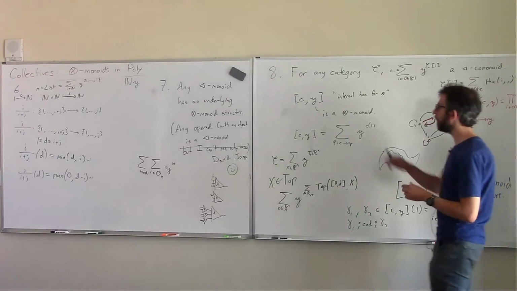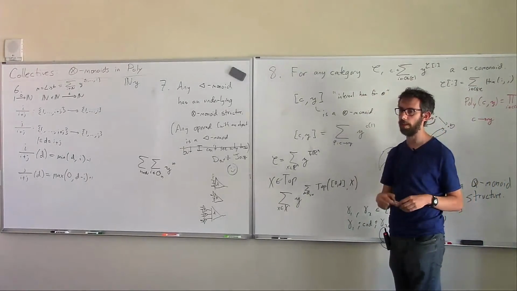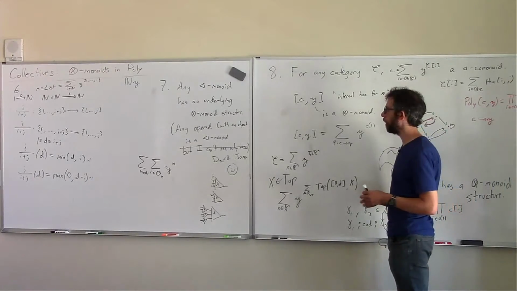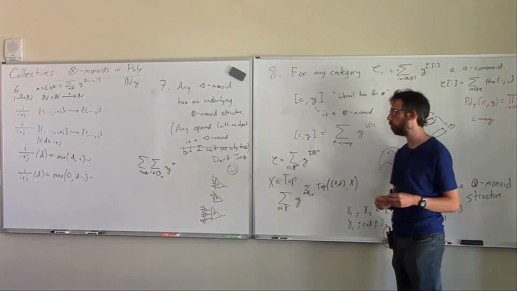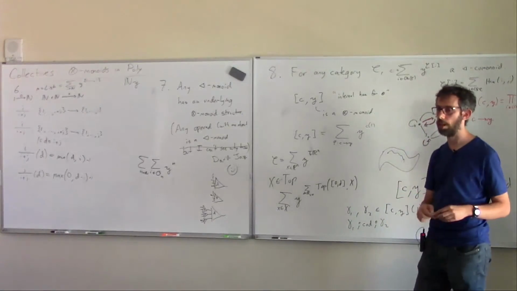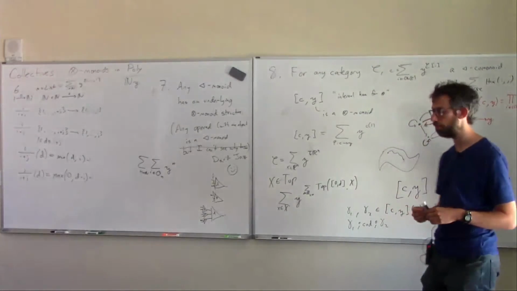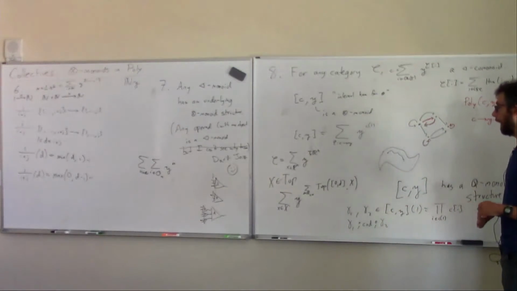I don't know. So this example is only for categories where we don't have that structure. It may be that there's another cool collective or tensor monoid where you use a different kind of structure. But not for this.